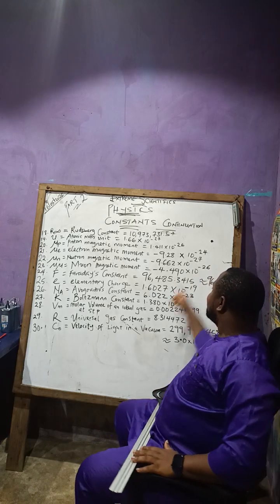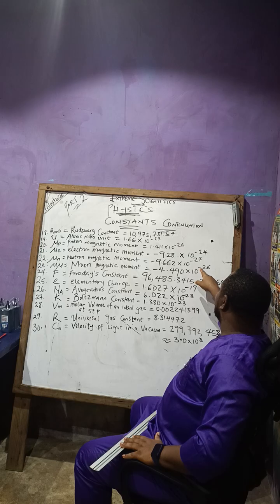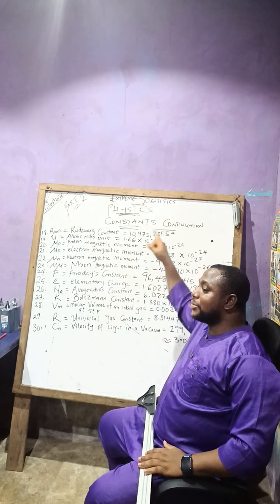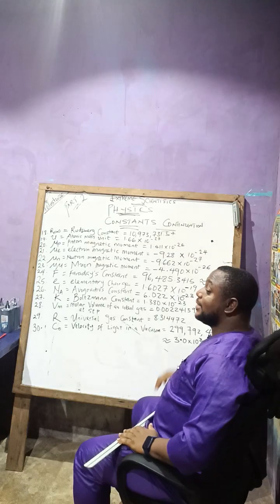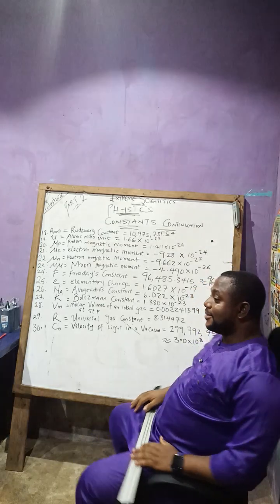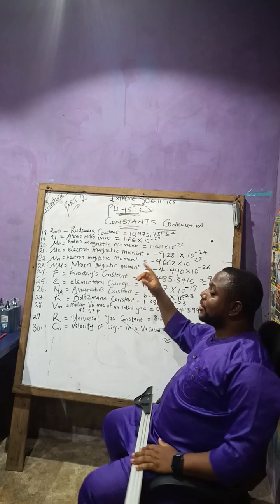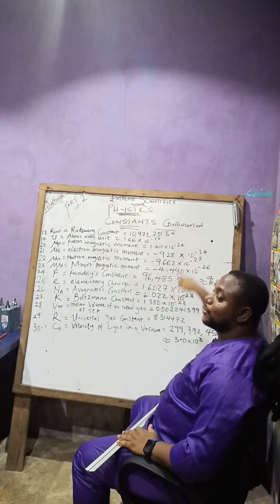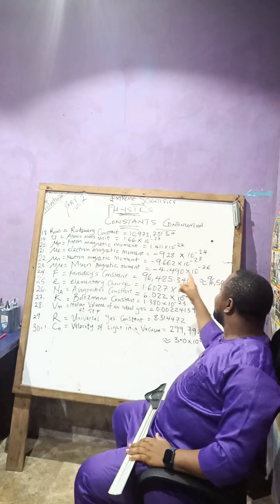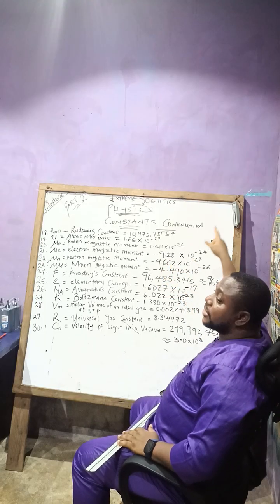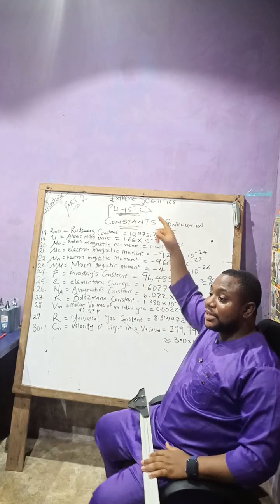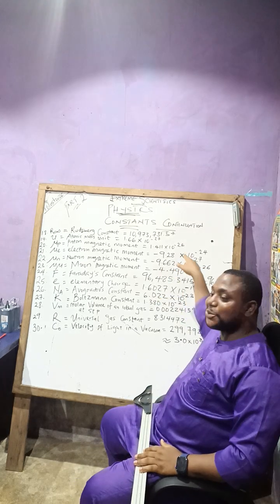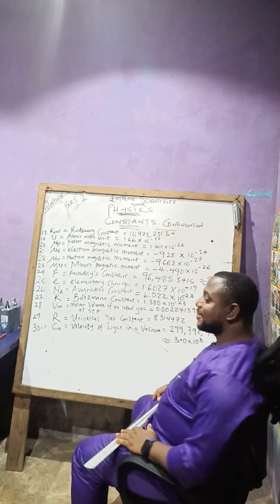You see that when I say raised to the power minus 26, that will be 0.0000000000000000000 in 26 places. Do you understand what I'm saying?